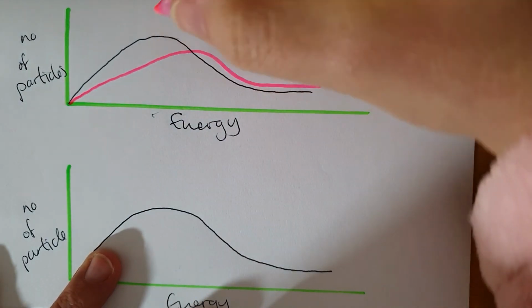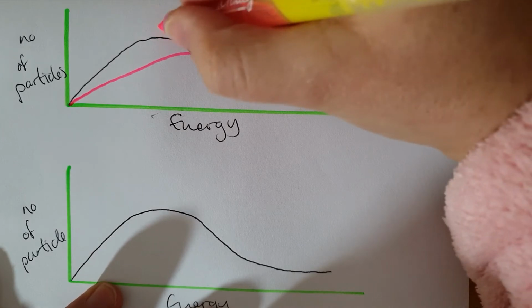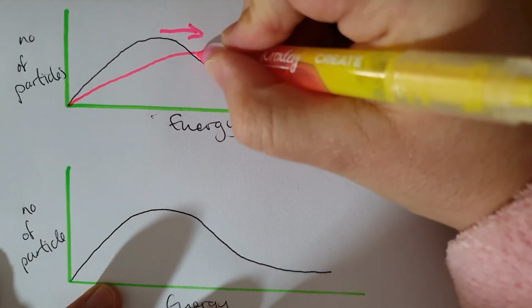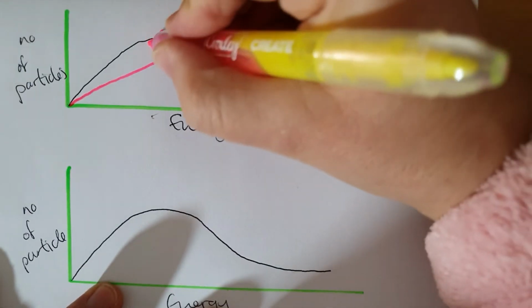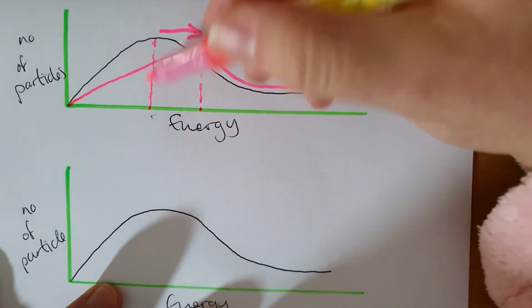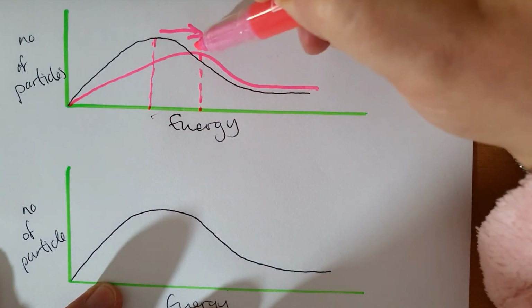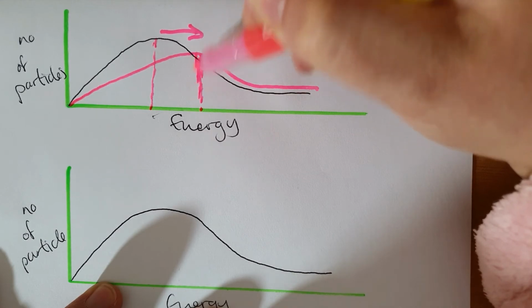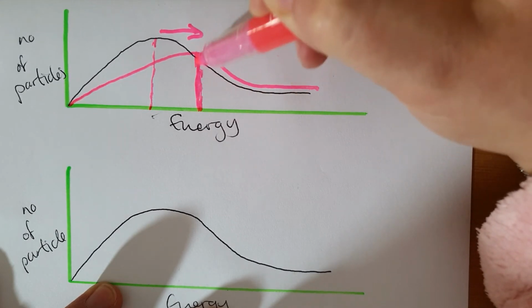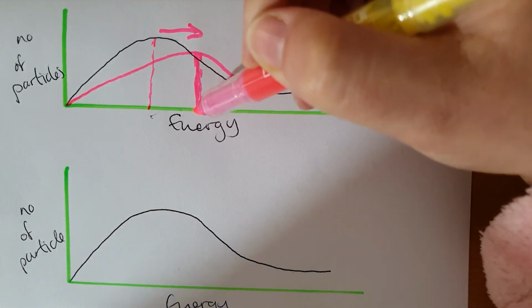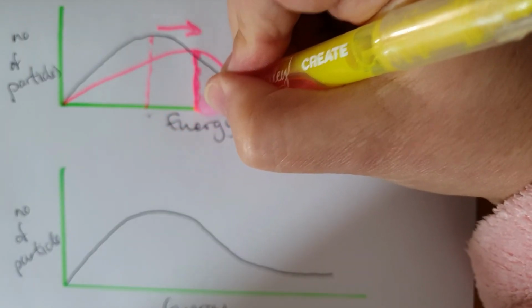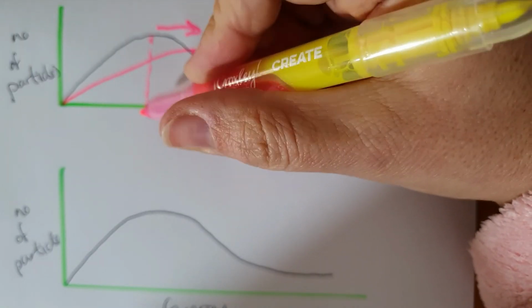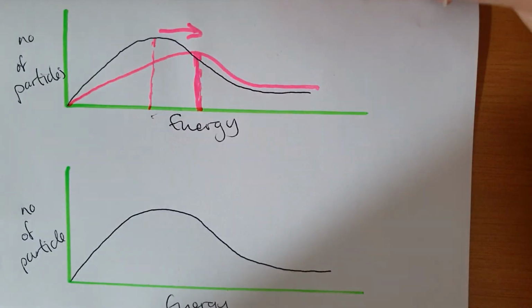Notice how the peak moves in that direction, going from there to there. Our peak, where our maximum amount of particles is, has increased in energy, because energy is temperature. If you increase the temperature, you increase the energy.